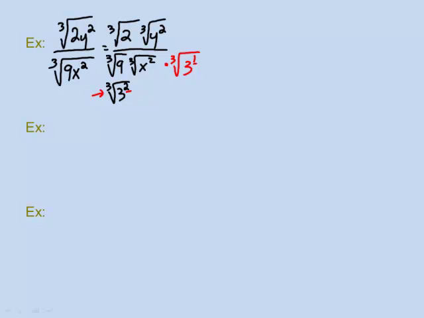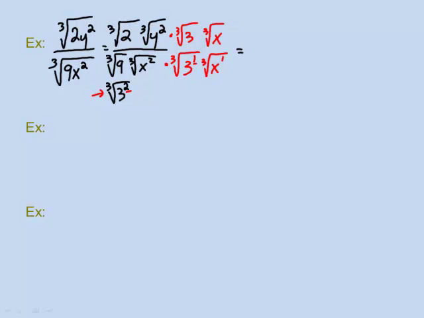Our cube root of x squared, we need another x, so there's 3 of them. So we're going to multiply also by a cube root of x to the first, which will take care of our cube root of x squared term. Numerator has to multiply by the same thing. So we've got the cube root of 3 times the cube root of x in our numerator.